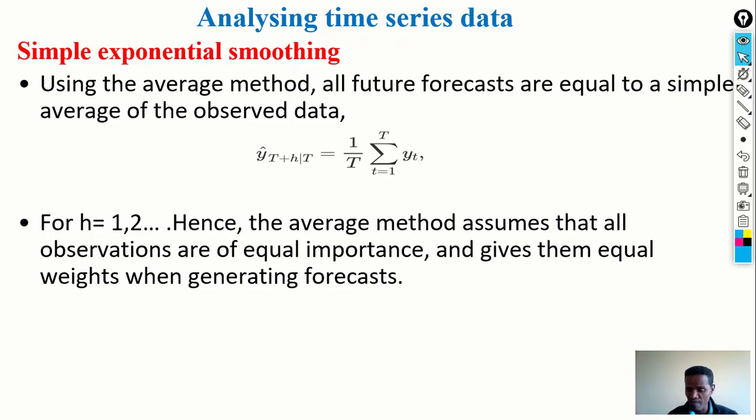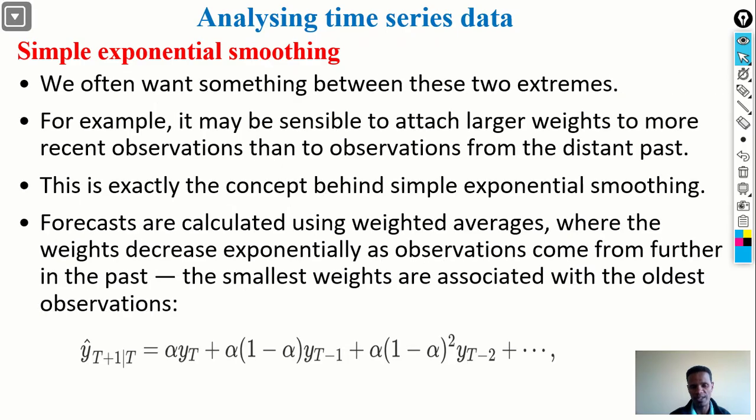But the naive method only considers the last observation to be used for forecasting future values of an outcome variable, and the remaining observations will not be considered. In the average method, all observations will be considered and the average of all these observations will be used for generating future forecasts. So these are two extremities.